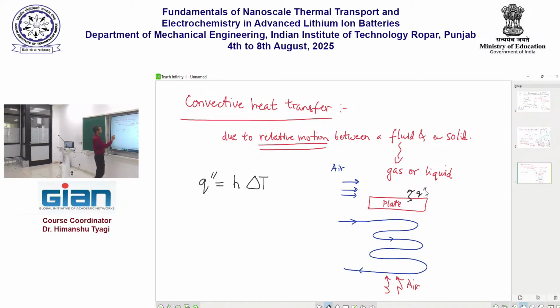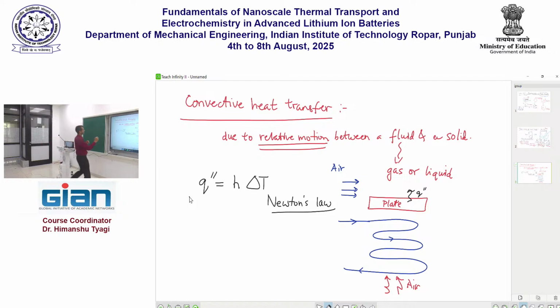This very simple equation is called Newton's law. So Isaac Newton, in addition to discovering gravity, also discovered this very fundamental law of convective heat transfer. So you can say safely that convective heat transfer is studied only by the most brilliant students. Okay, we are all following in the footsteps of Isaac Newton here.